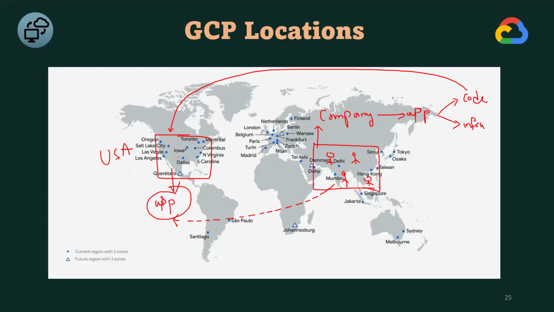If something is taking a lot of time, no one will use your application. If an application is buffering all the time, or is not available all the time, no one will use it.